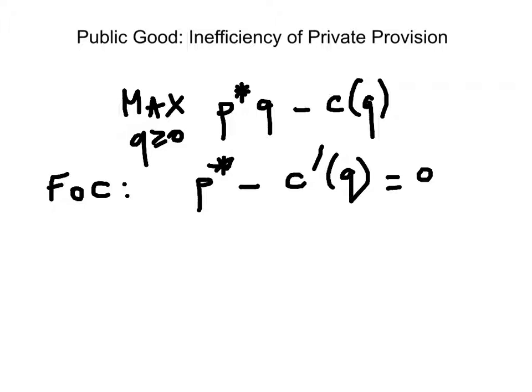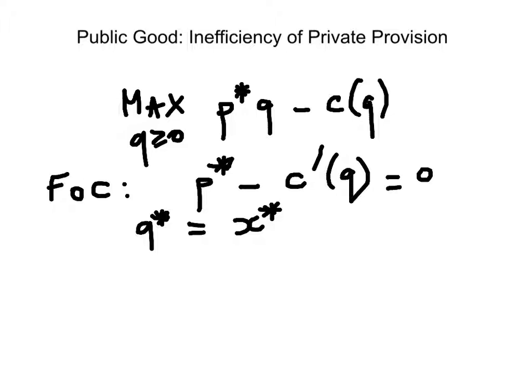In a competitive equilibrium, of course, Q star is equal to X star. The markets are clearing. Whatever the firm produces is being purchased by consumers.